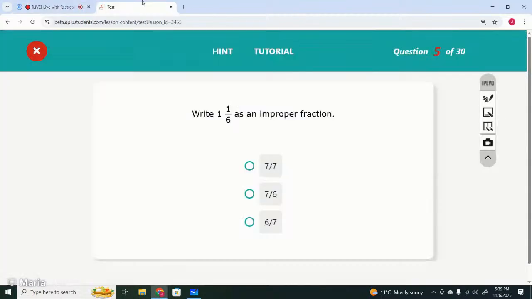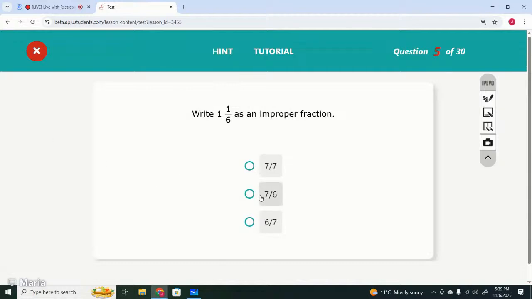Write 1 whole 1 by 6 as an improper fraction. So which is the correct option? That is 7 over 6.